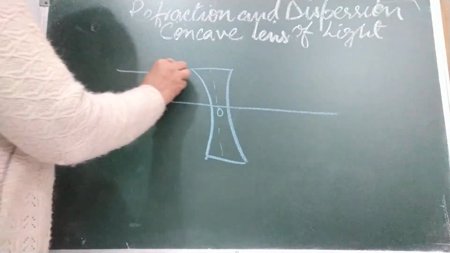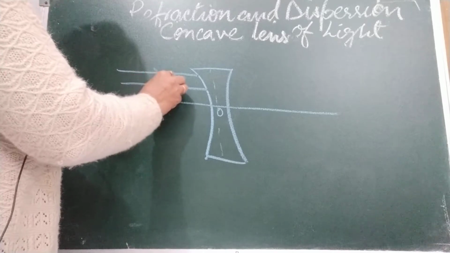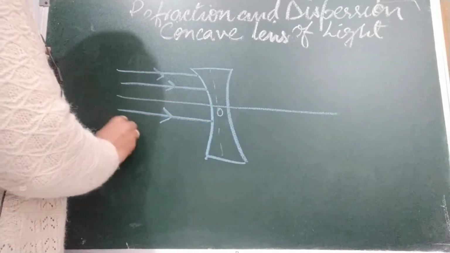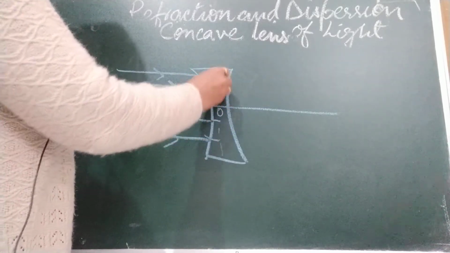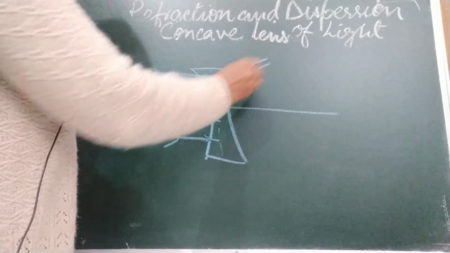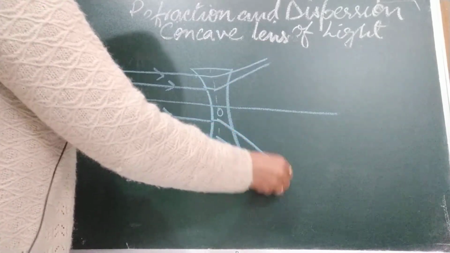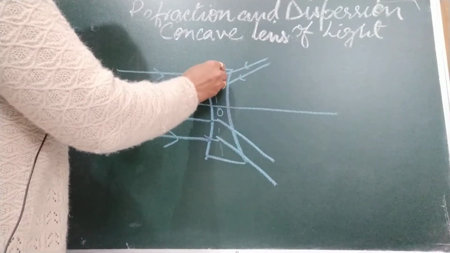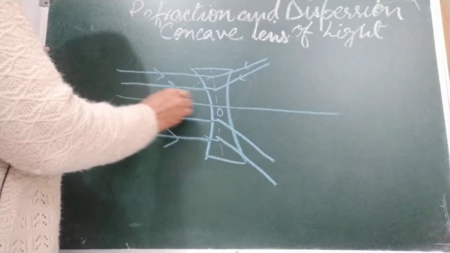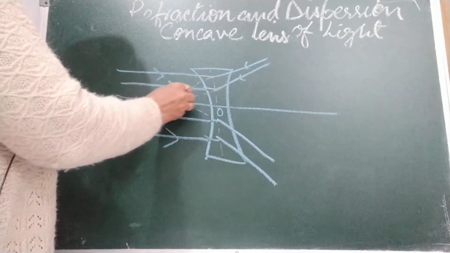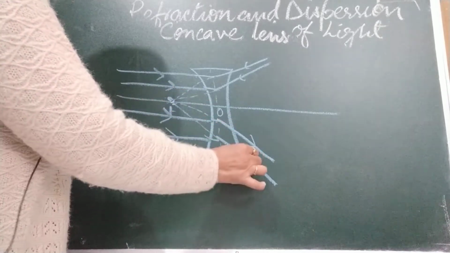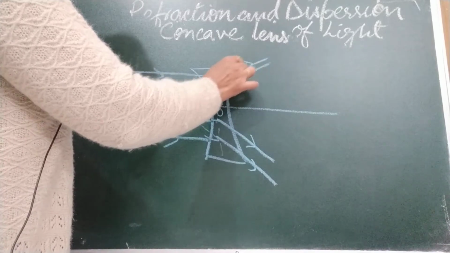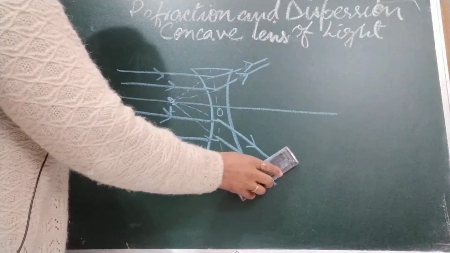The parallel rays which are moving parallel to the principal axis, after passing this lens, they diverge. When we trace where the source is, we will see they are coming from the focus. All these rays are coming from the focus. So that is why we call it a diverging lens.